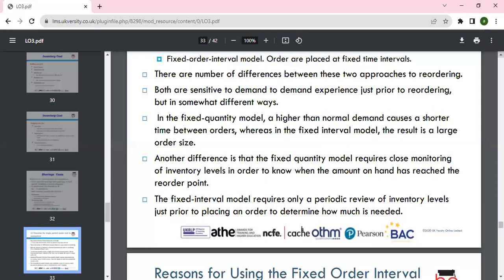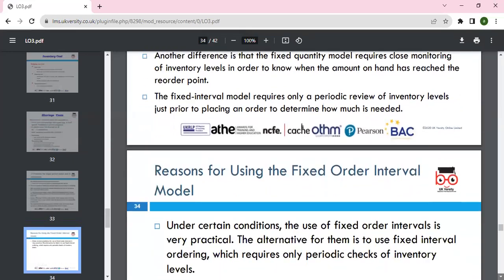Another difference is that the fixed quantity model requires close monitoring of inventory level in order to know when the reorder amount has been reached. Thus we need to look at the fixed interval model, which counts inventories periodically prior to placing an order.